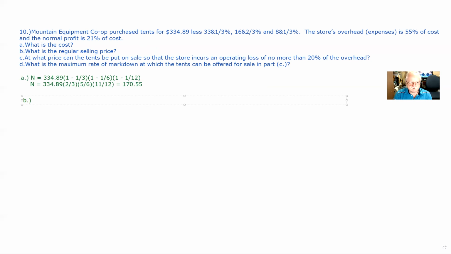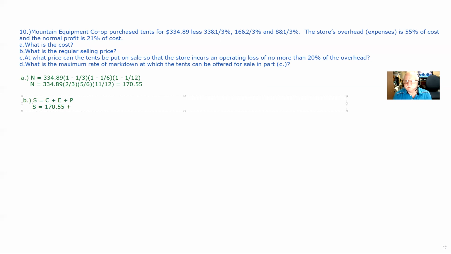So we're basically using S equals C plus E plus P, and we don't know S, but we think we know cost, 170.55.